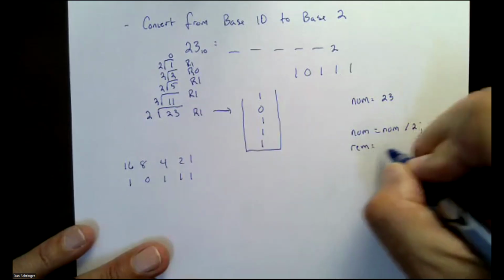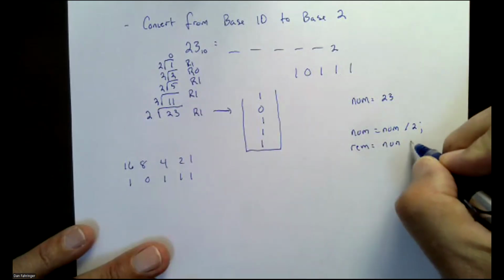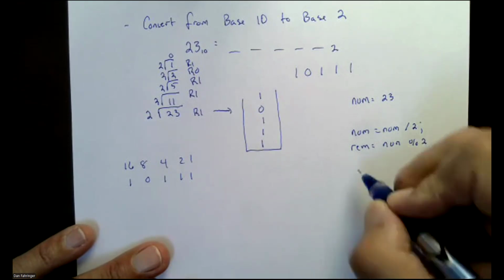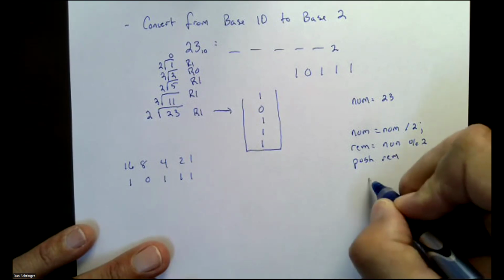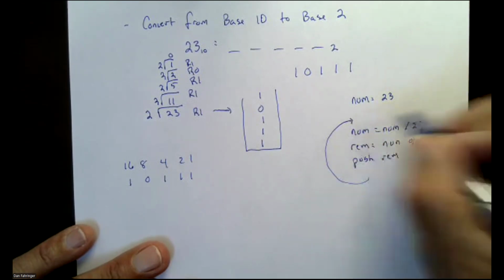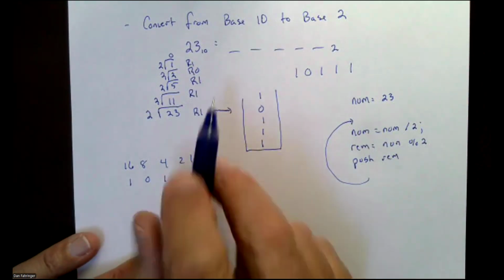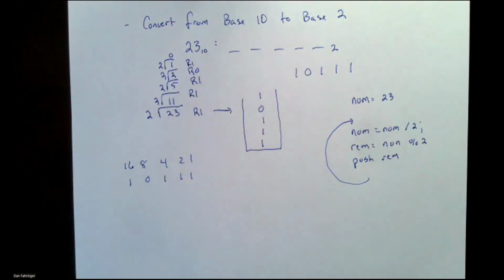Remainder equals num mod 2, and then I pushed remainder. And then I looped back around until my num became 0. Really? Yuppers. What do you think about that?